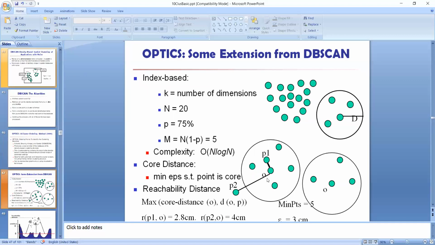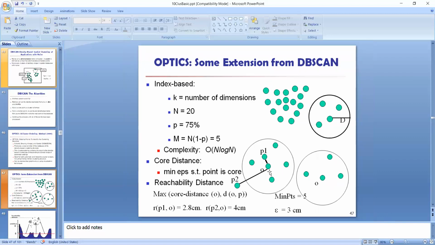Suppose this is one point, and the minimum number of points required is equal to 5. From this point, we take a small distance, draw a small circle, and check whether it satisfies the minimum number of points. No, it does not.